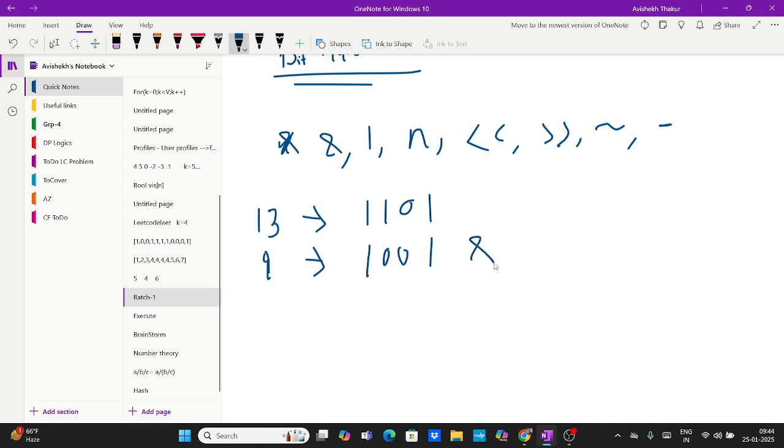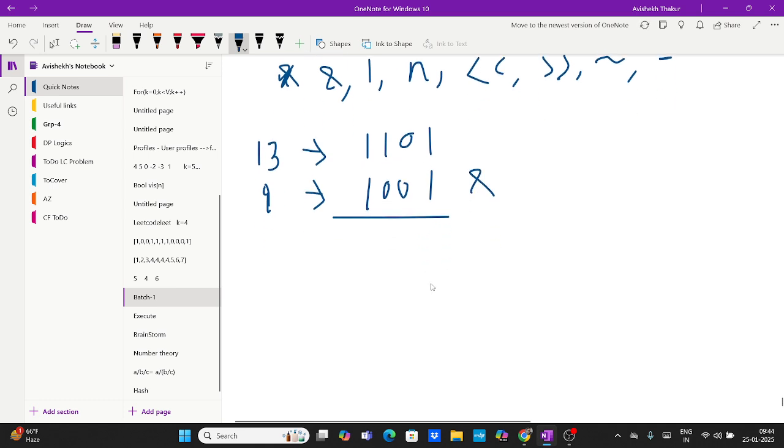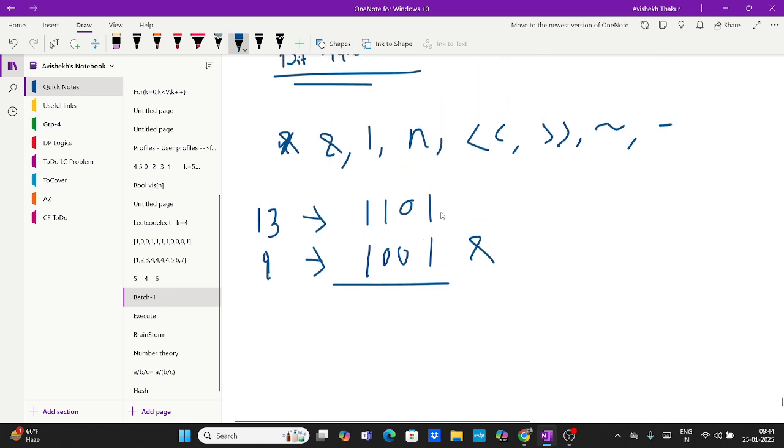What the AND operator does is go through each bit, and if both of them are 1, it keeps it as 1. In other cases, if either one of them is 0, it keeps it as 0. In case both are 0, it keeps it as 0. So this is what you produce, and the number is 9.